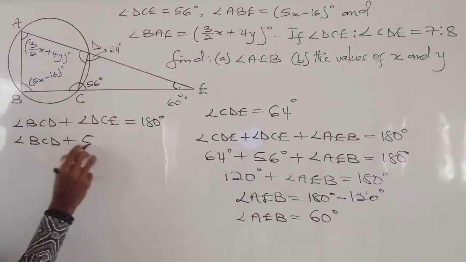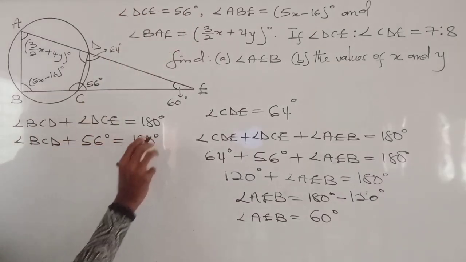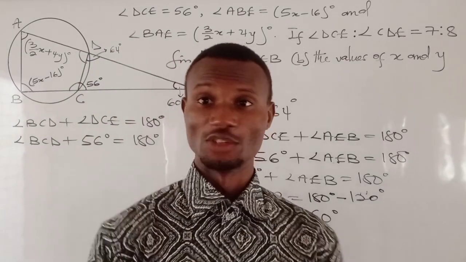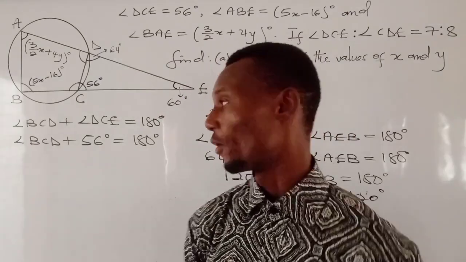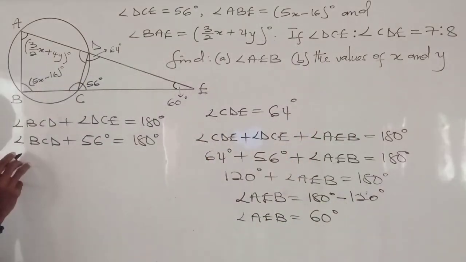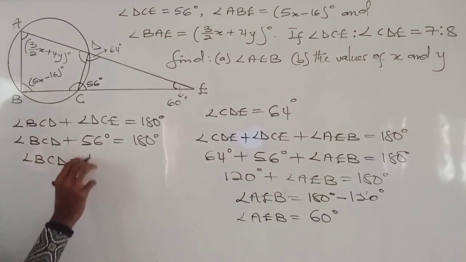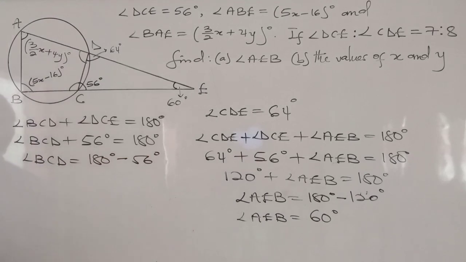So I'm going to put my 56 degrees there, equals 180 degrees. This becomes a simple linear equation to solve for angle BCD. So angle BCD will be equal to 180 degrees minus 56 degrees, and I hope you agree with me up to this point.